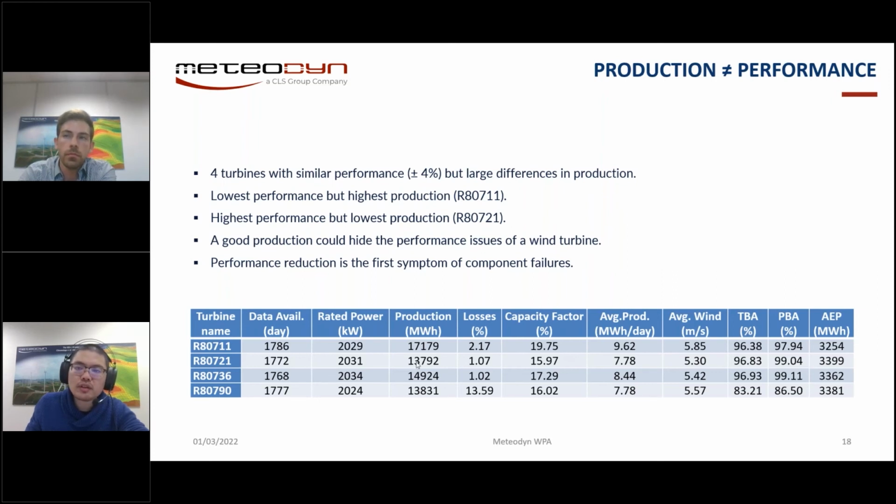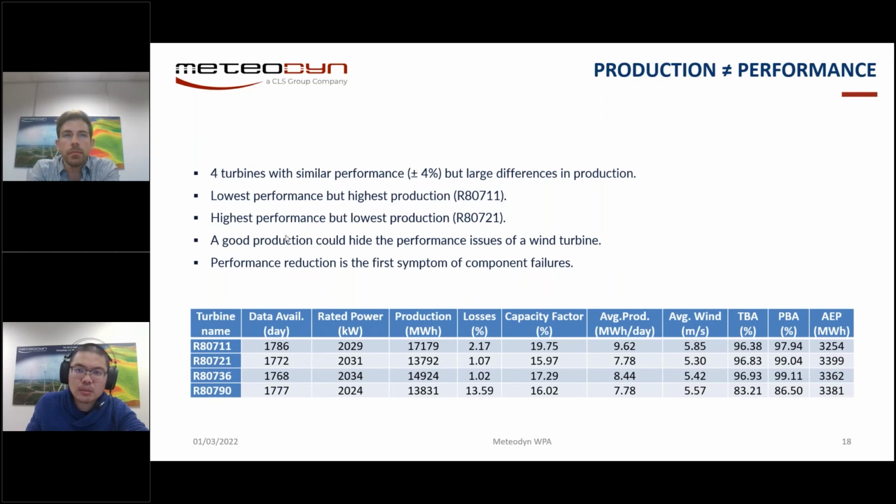So the production of the wind turbine depends on a lot of other variables, such as the availability of the wind turbine, the wind speed, etc. We would like to make you aware that good production could hide several performance issues of a wind turbine. If you see a wind turbine with good production, it's not sure that everything is okay.